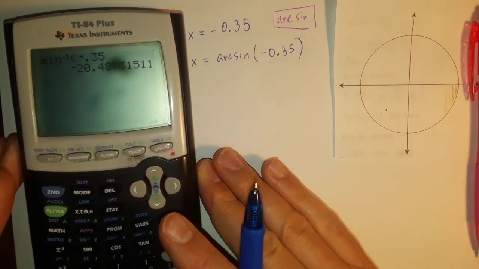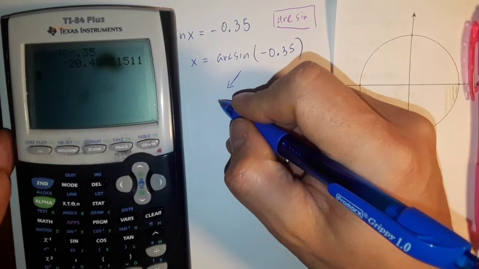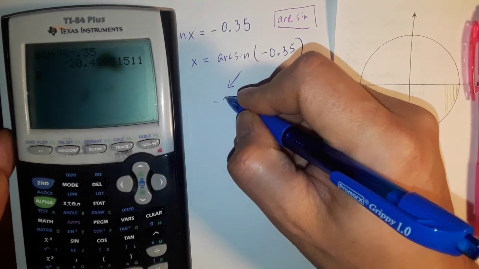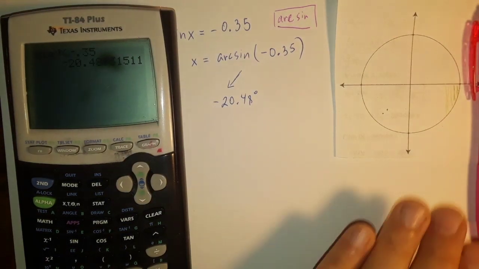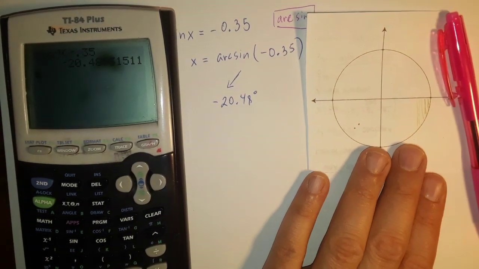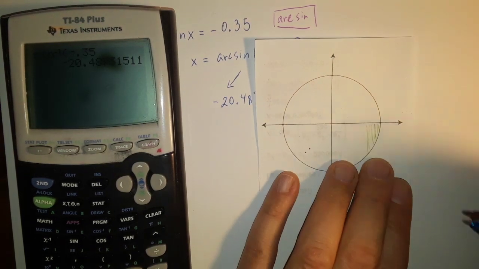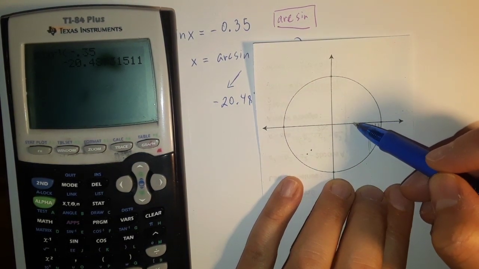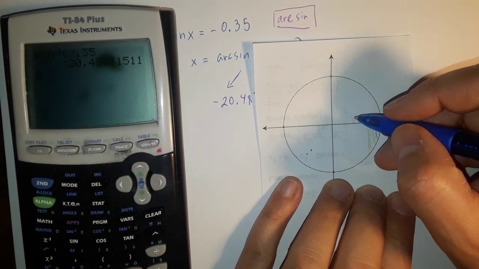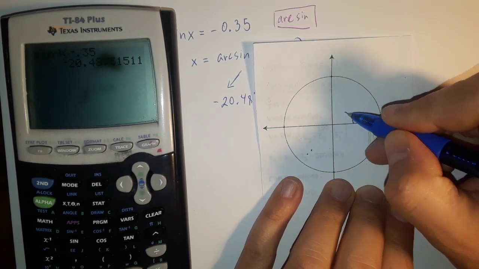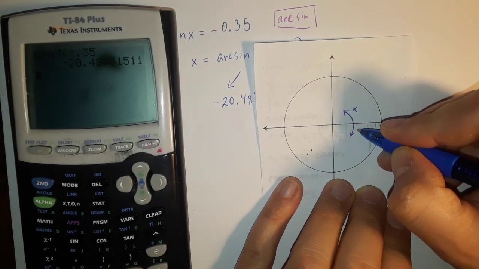One of the answers we get is negative 20.48. So let's think, where do we have negative 20.48? Positive would be counterclockwise, and clockwise it's negative.